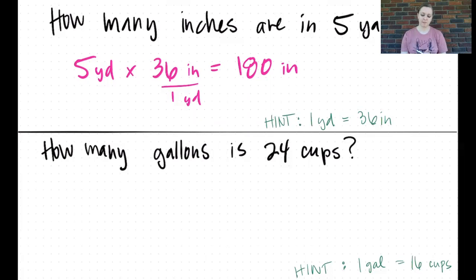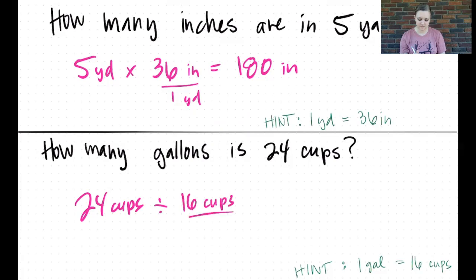Now the second one, how many gallons are in 24 cups? Well, 24 cups is the smaller measurement. Cups are smaller than gallons. So I am now doing the opposite where I'm dividing. I'm dividing up my cups into gallons. So I'm going to divide by, it says in 1 gallon there are 16 cups, so I'm going to divide by the 16 cups per 1 gallon.